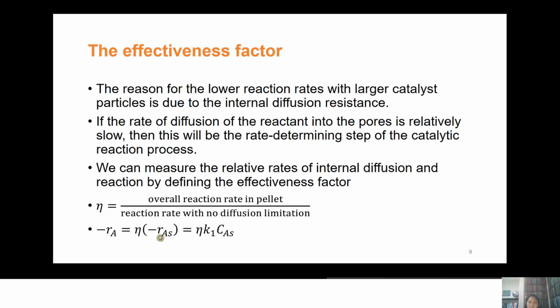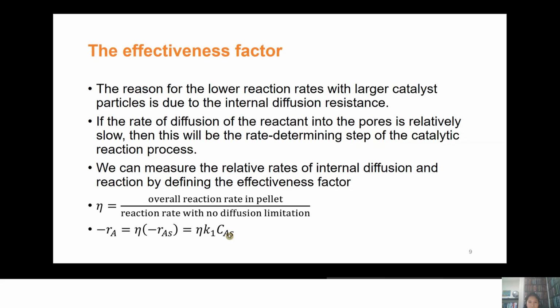So for example, if you have a first order reaction like this one, negative RAS is a first order reaction. So we can write it as k1 CAS. Remembering, the subscript S here is because this rate is at the surface of the catalyst. This is the surface rate, so we use surface concentration.